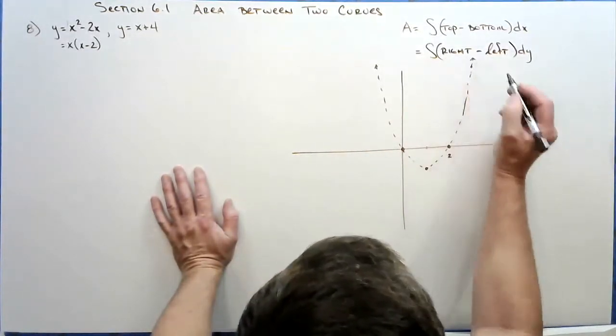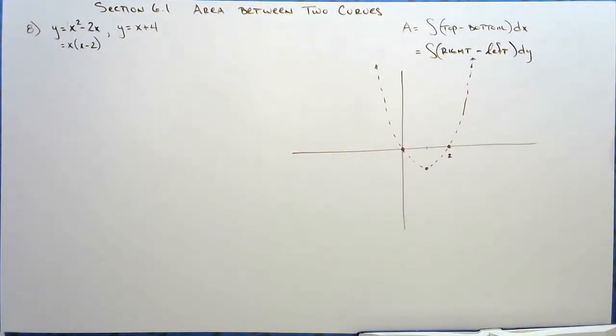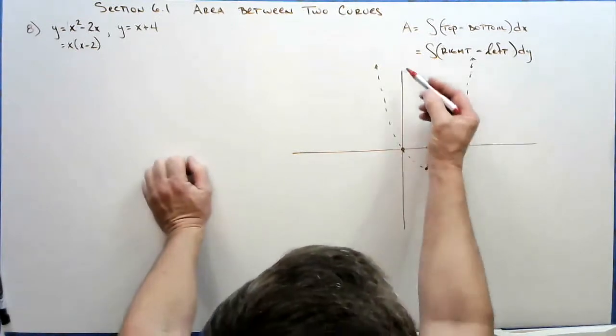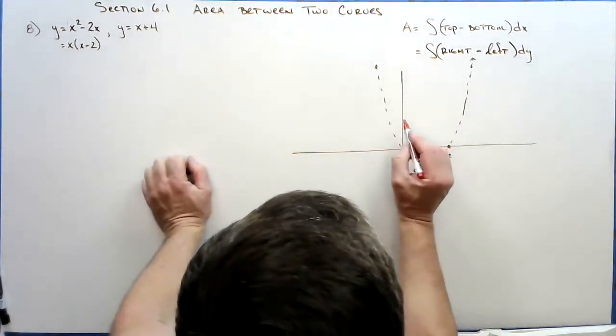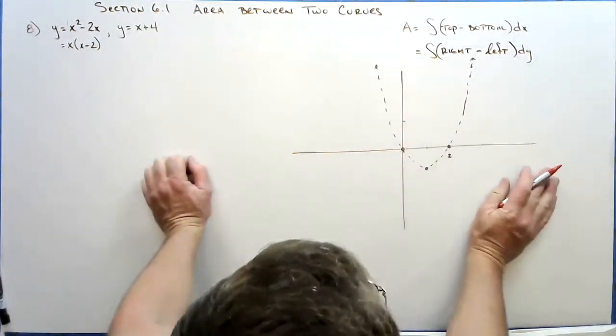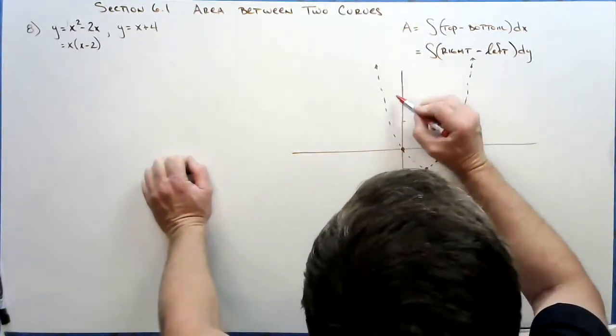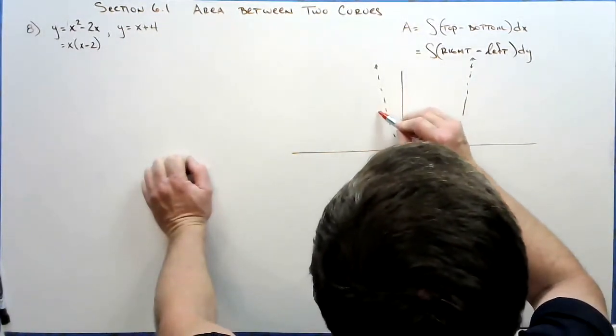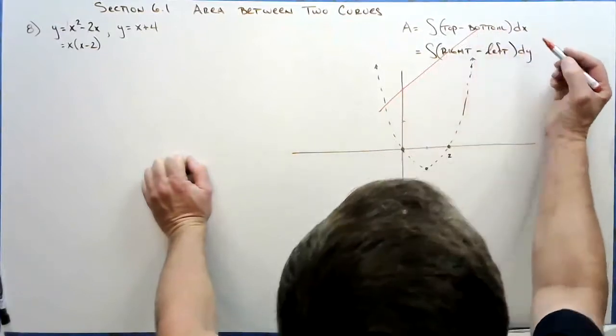Right now, we don't have a closed region, but we have to graph the line y equals x plus 4. So that line has a slope of 1 and a y-intercept of 4. Now, this isn't going to be to scale, but it's going to look like this. The line is going to go like this.